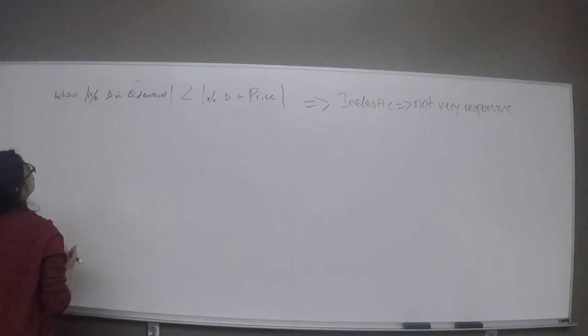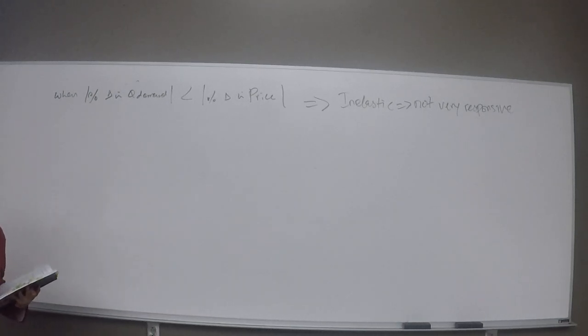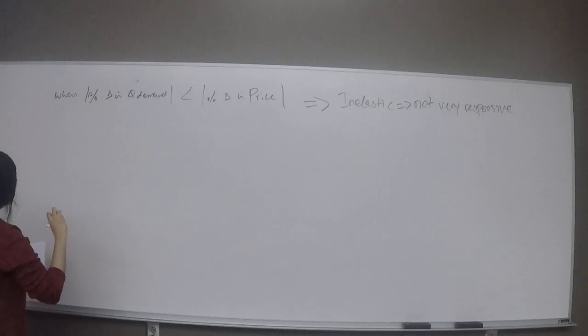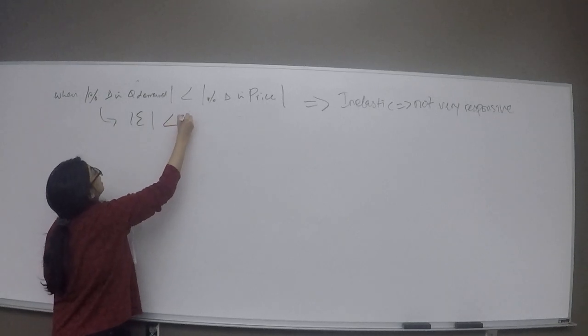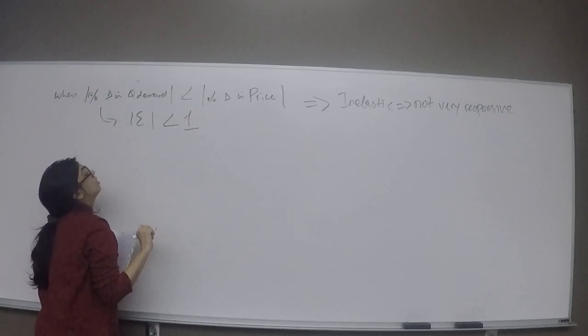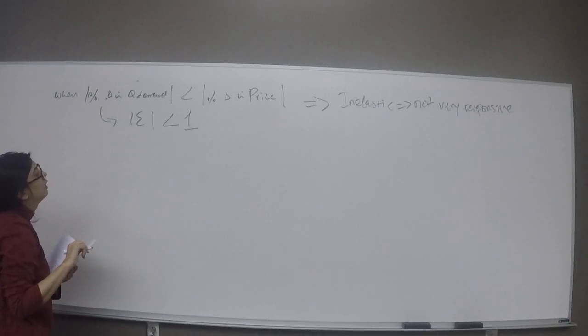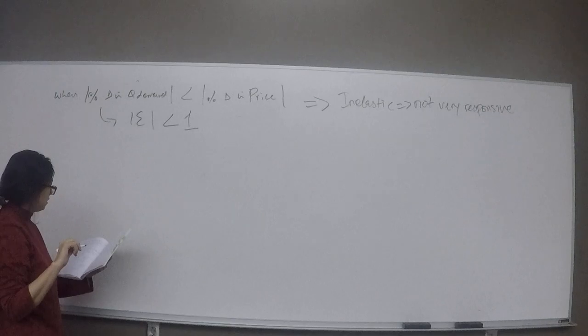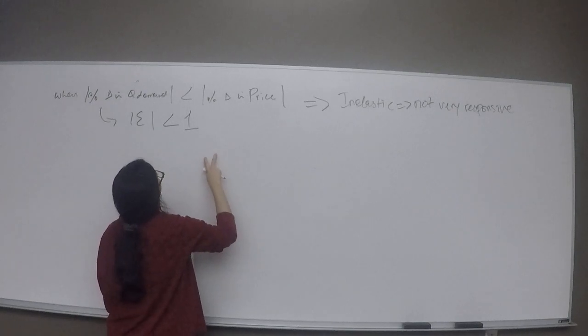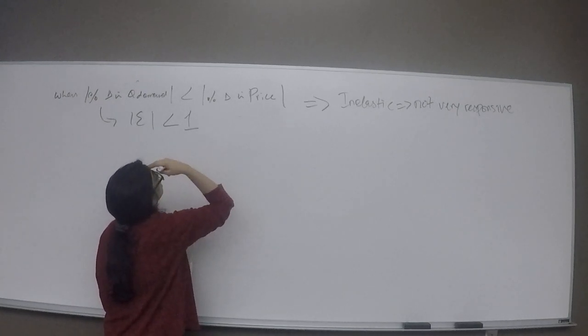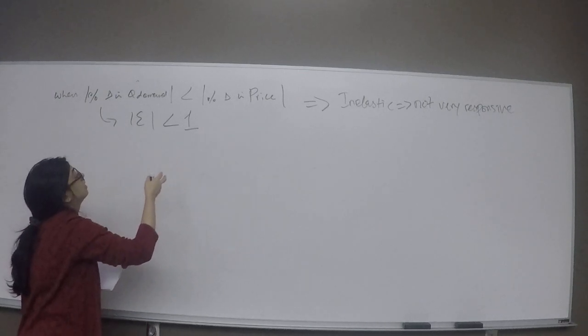Whatever number you get from the formula, that means not very responsive to changes in price. And your elasticity will be less than 1. So it will be a decimal number. So a fraction.